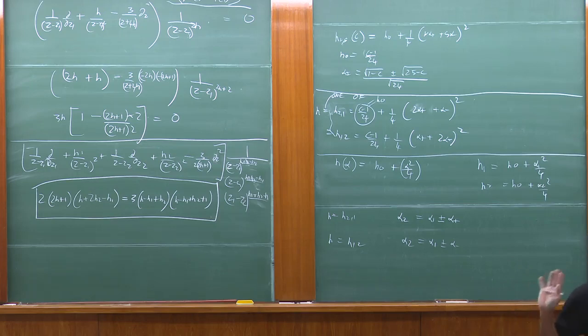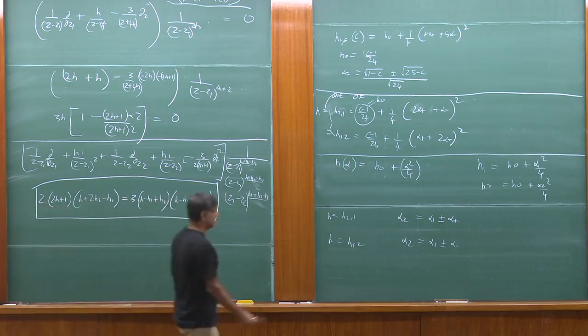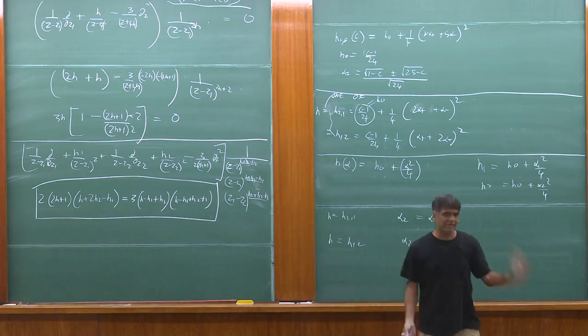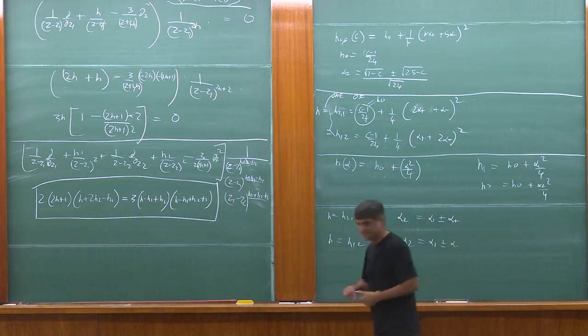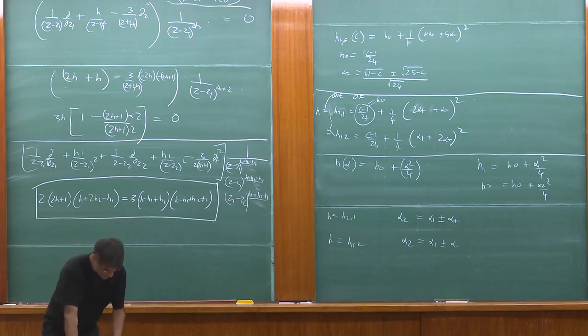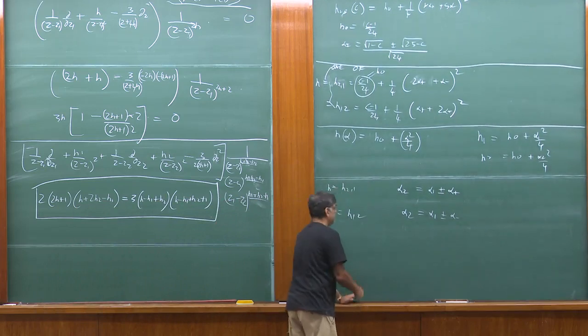Fine. Alpha 1 takes what value? Any real value. This was just solving in terms of, you give me alpha 1, I'll give you alpha 2. Excellent. So, we write this equation in the following form.